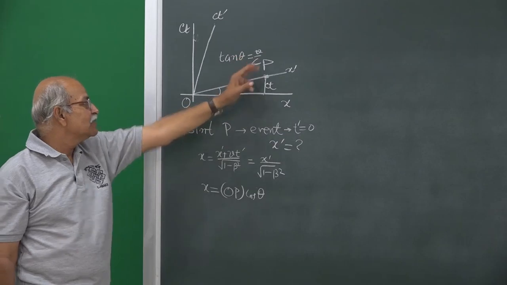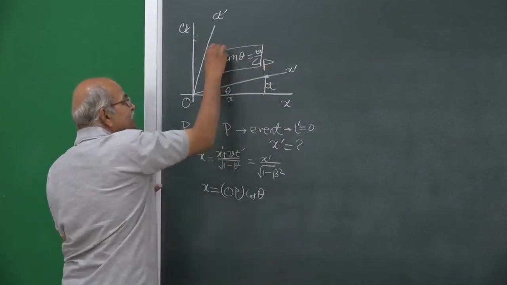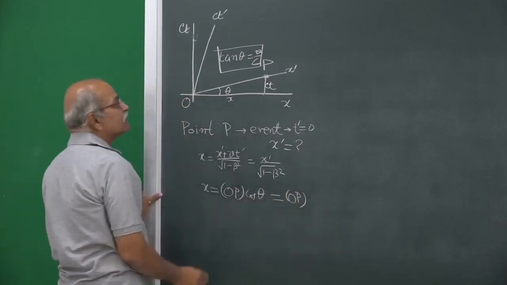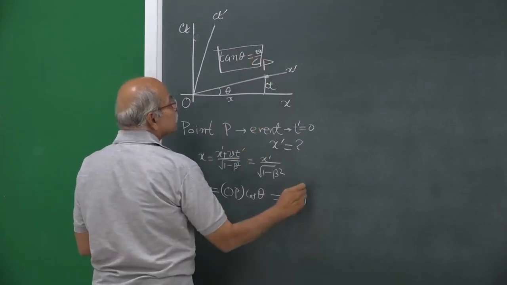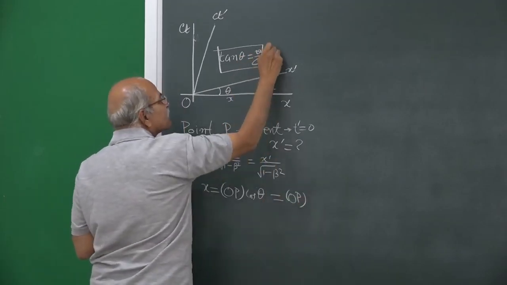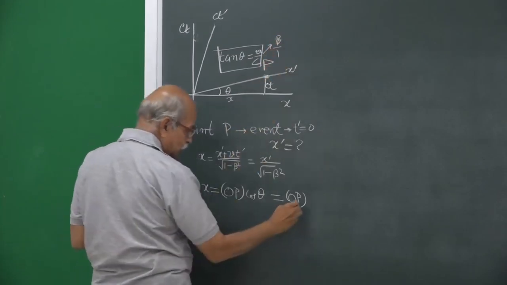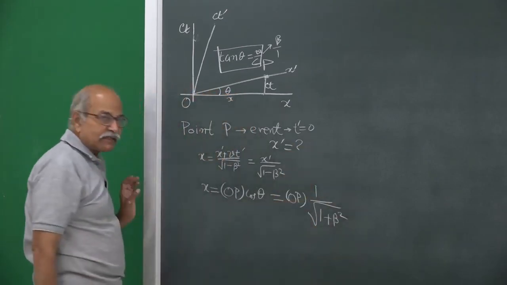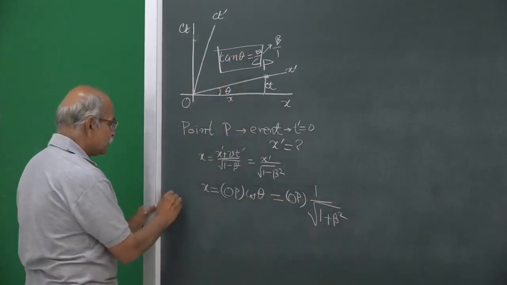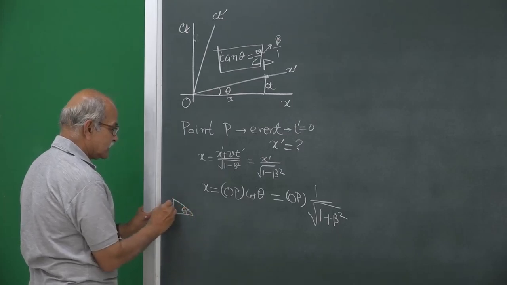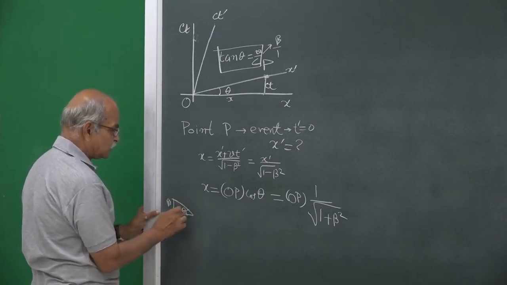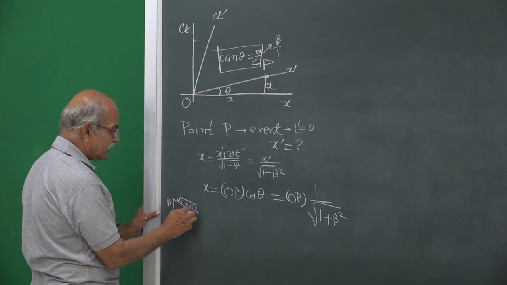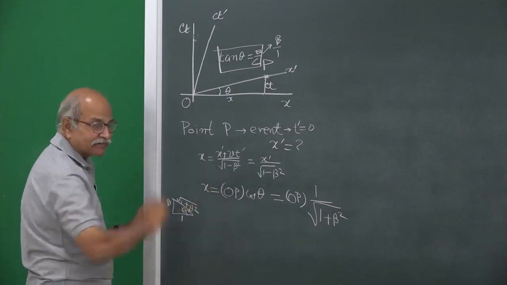If tan theta is V by C, which is beta, you can draw a right angle triangle here: this side is beta, this is 1. So tan theta is beta by 1, and therefore the hypotenuse is square root of 1 plus beta square, and cos theta is 1 divided by square root of 1 plus beta square.